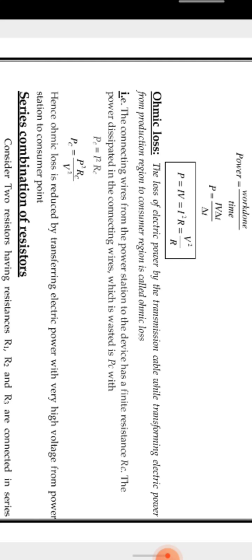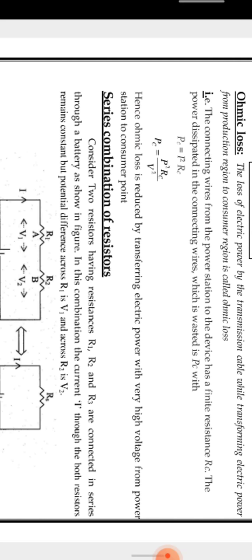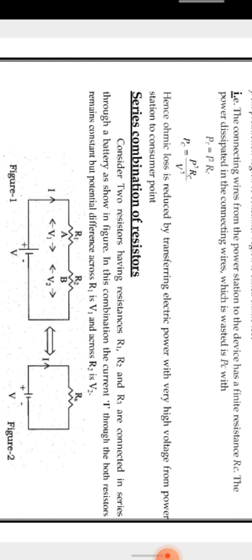That loss of power is observed in the form of heat energy. For ohmic loss, the power loss formula is also given, P square into R divided by V square.